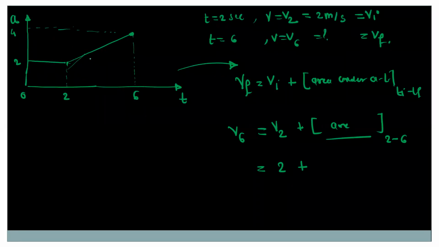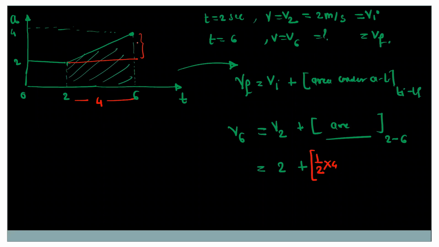So this is the total area. Okay, this total area we can divide into two known areas. The first area will be this triangle and the second area will be the rectangle. For the triangle, the formula is 1 by 2, its base is 6 minus 2, that is equal to 4.